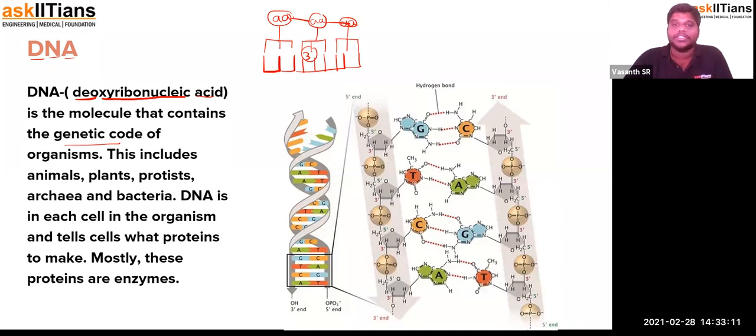It converts the message that is stored in the sequences of nucleic acids into amino acid sequences. These amino acid sequences will later form a complex protein, and that protein will modify its structure and function mainly as enzymes. Most of the time, the proteins formed will function as enzymes and in other structural roles. This is the function of DNA.